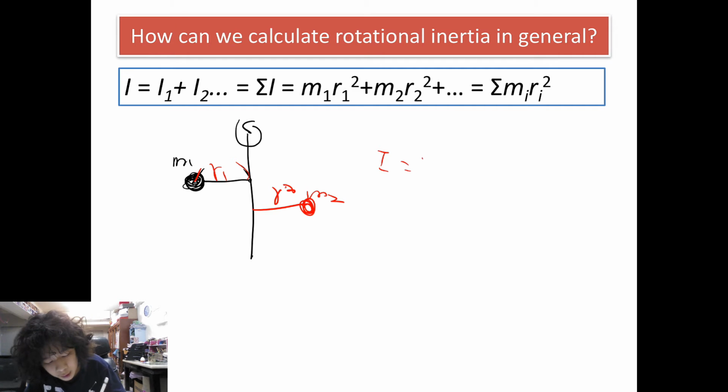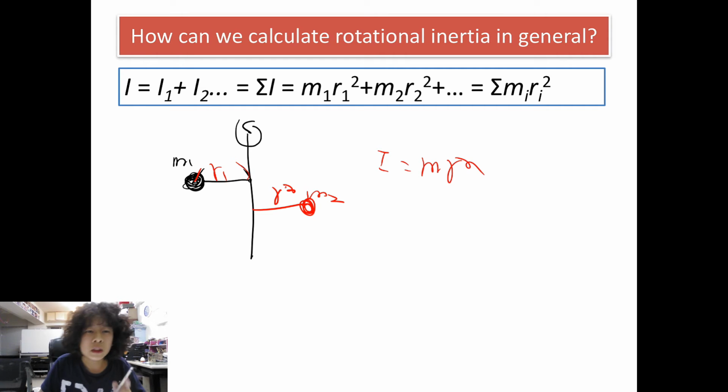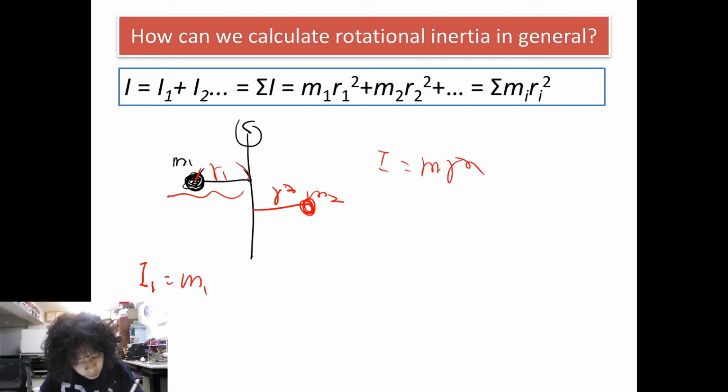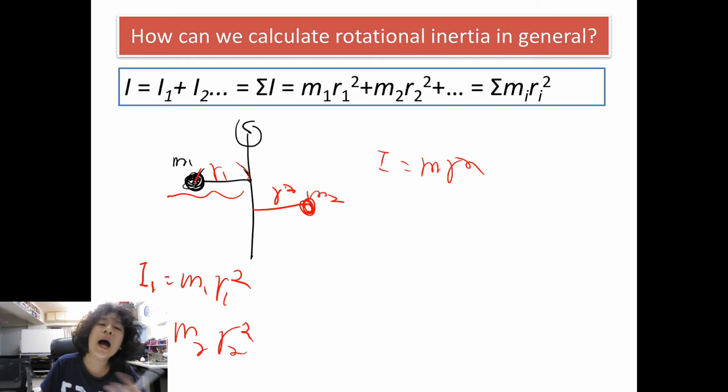Remember I equals m r squared, so I1 equals M1 R1 squared, while I2 equals M2 R2 squared. If we want to calculate I, we calculate the total, the sum of the rotational inertias. So it will just be I1 plus I2.